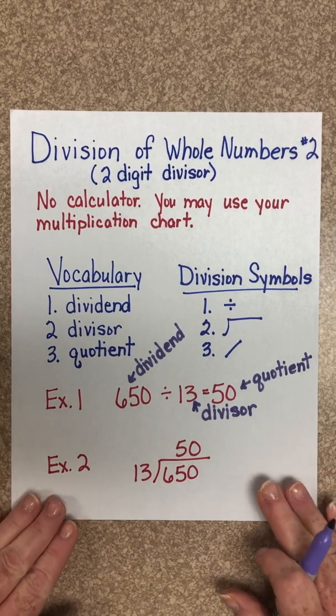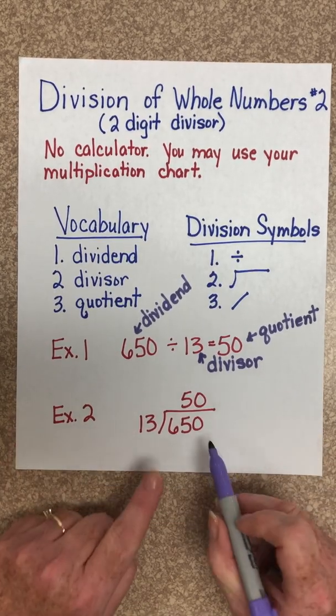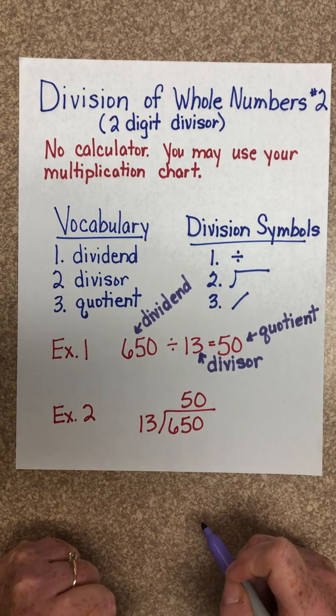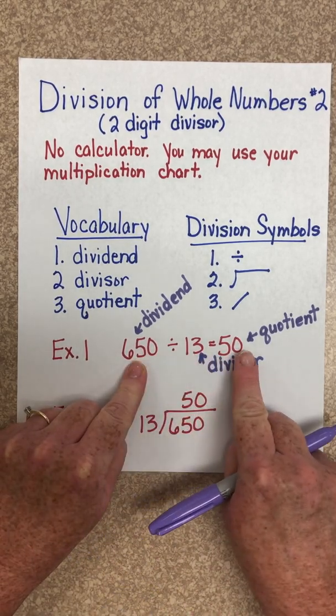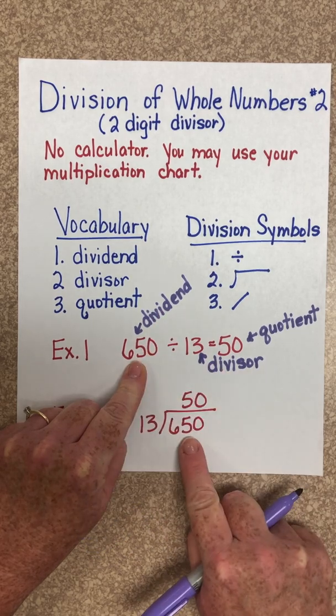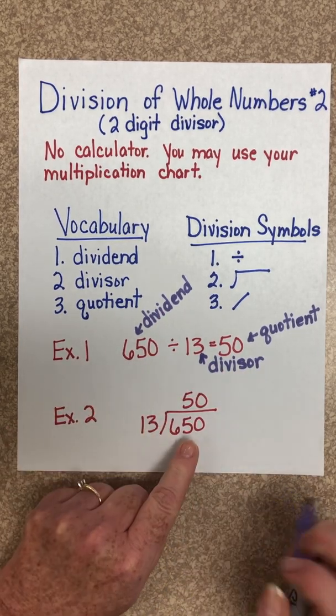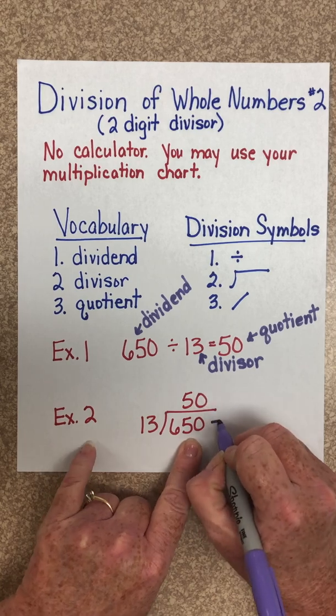Now let's look at an example where we are using the long division symbol. Notice the first number, when it's written horizontally, is the dividend. It goes inside the box. So again, the number inside the box is called the dividend.